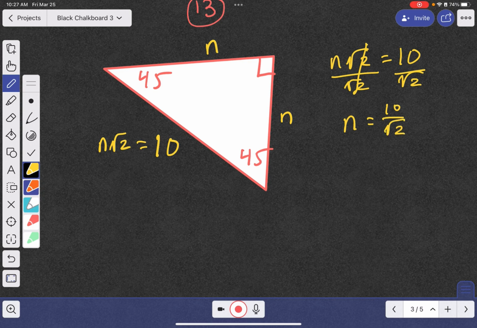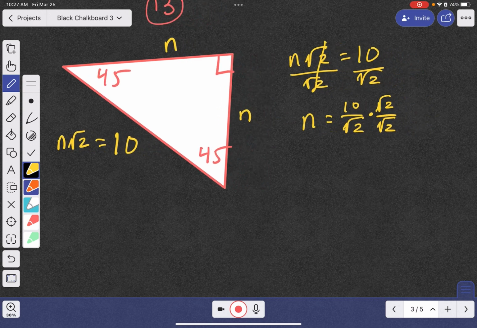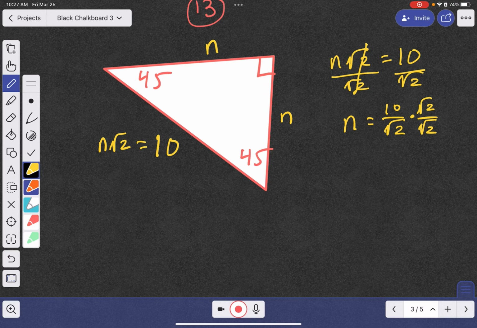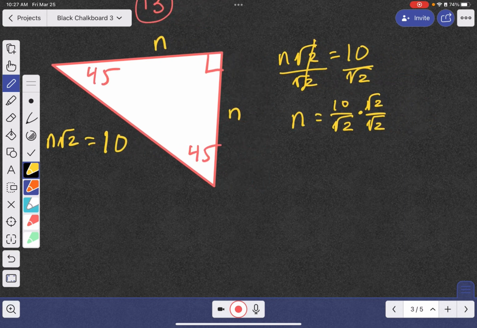But we can't have the square root of 2 in the denominator. We've done this already this year. So we have to get rid of that square root of 2 in the denominator. The way we do that is we multiply both the numerator and the denominator by the square root of 2. When we do that, it's 10 times the square root of 2 over the square root of 4 for now.